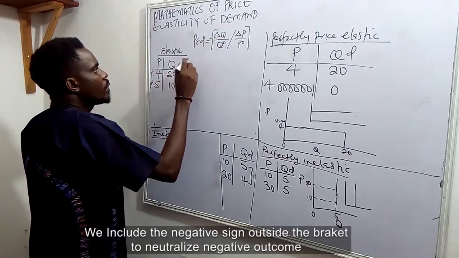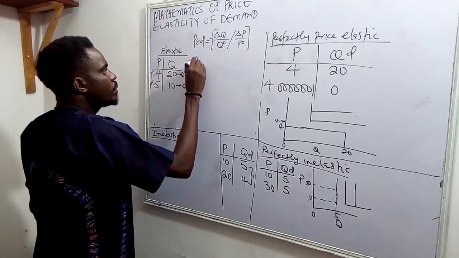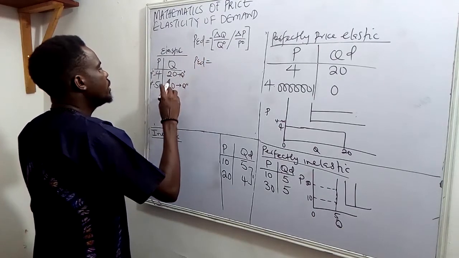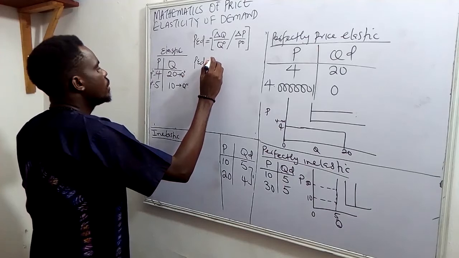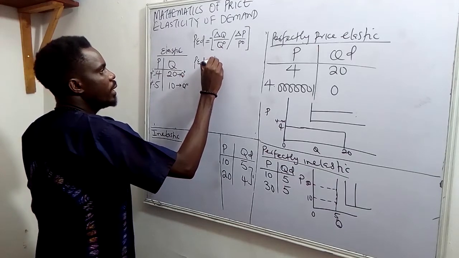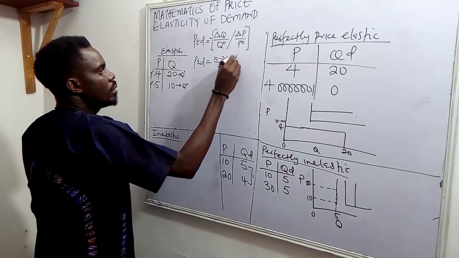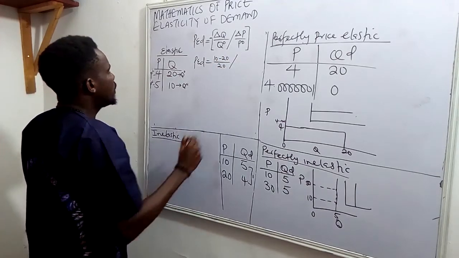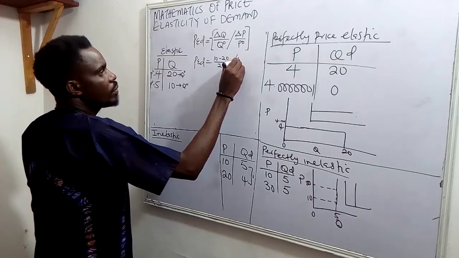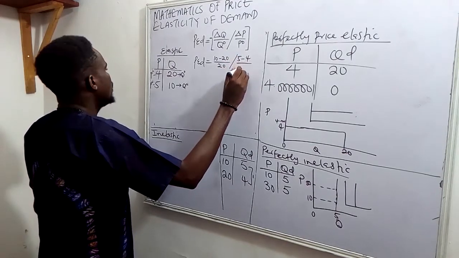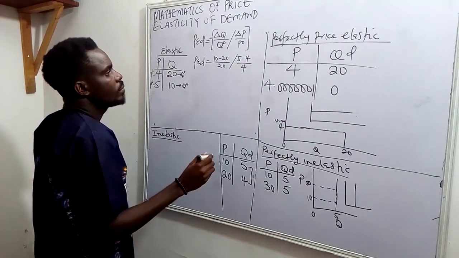So here we have change in Q is 10 minus 20 divide 20, divide change in P, 5 minus 4 divide 4.